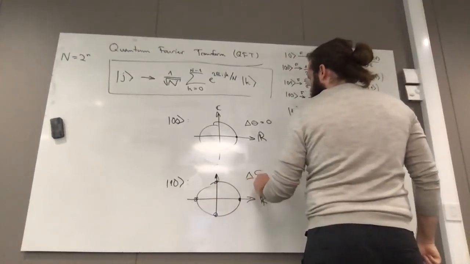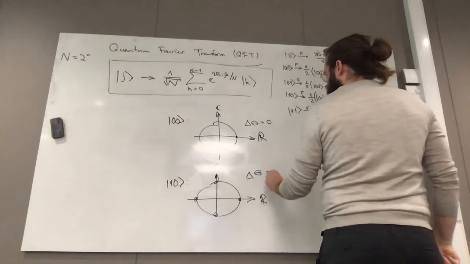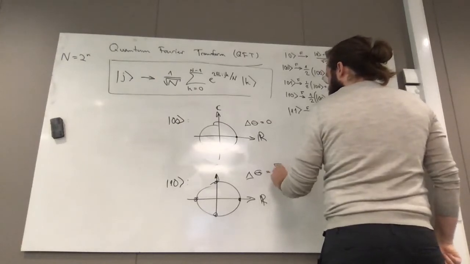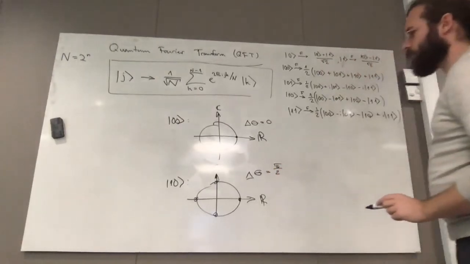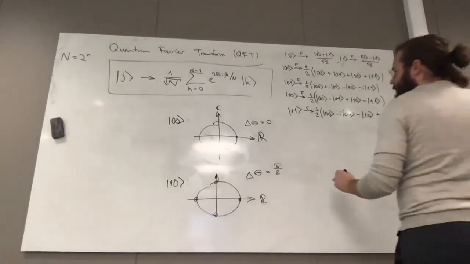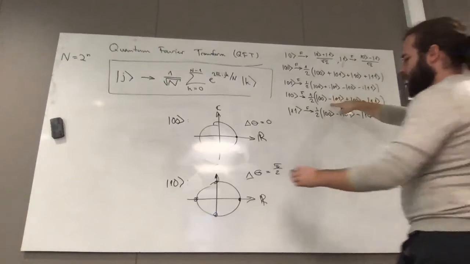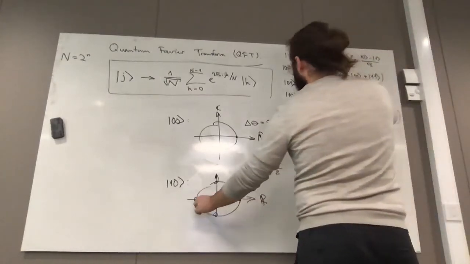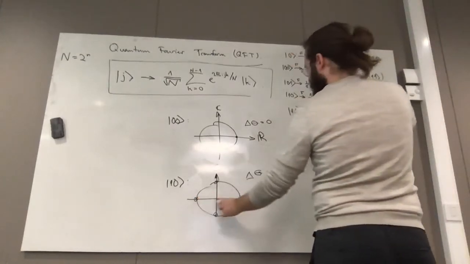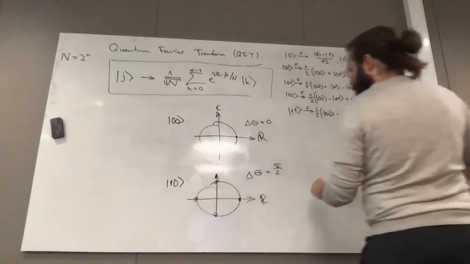So here I would say that delta theta is equal to pi over 2. And similarly, for this one, you see that you're just going here, and then over here to the minus side, and then back to the plus side, and then back to the minus side.